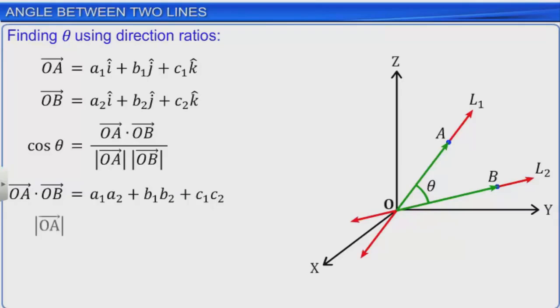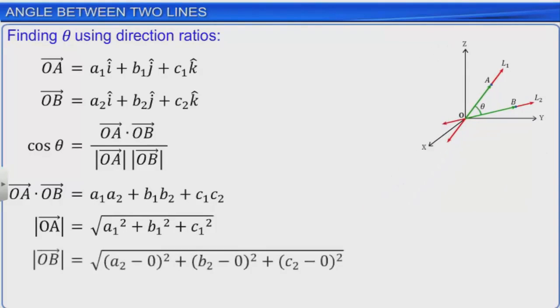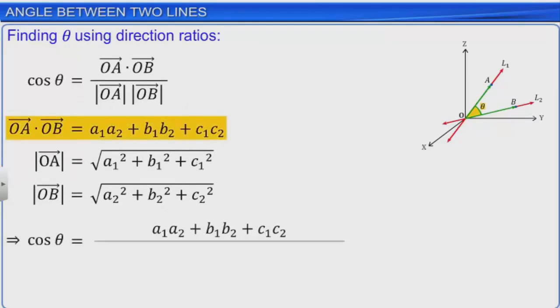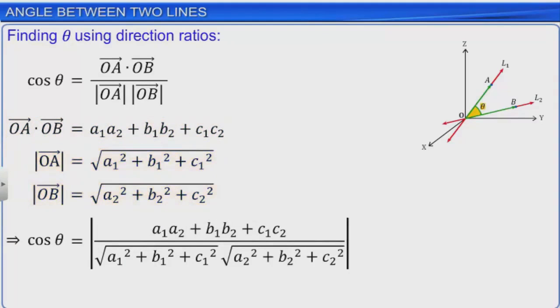The magnitude of vector OA is equal to under root of A1 square plus B1 square plus C1 square. Similarly, the magnitude of vector OB is equal to under root of A2 square plus B2 square plus C2 square. Substituting the values of the dot product of vectors OA and OB and their magnitudes in the expression for cos theta, we can find angle theta between lines L1 and L2 in terms of their direction ratios. Let this be equation 1.